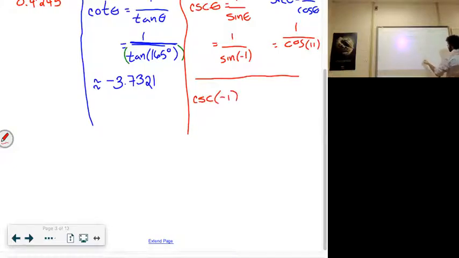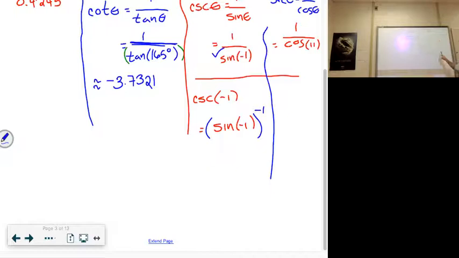Keystrokes in the calculator: what you would have to do first is get your sine up. So sine of -1, right? And then you'd hit that reciprocal key, which is going to bring up the -1st power right there. So this is going to produce the exact same answer as that will.